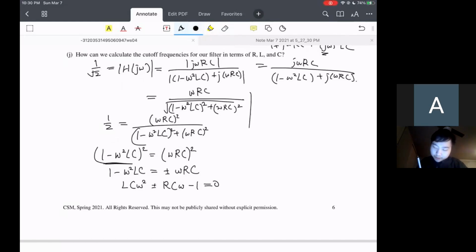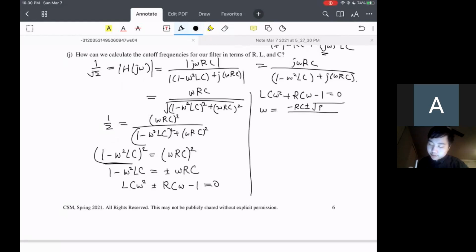So for the first equation, LC omega squared plus RC omega minus 1 equals 0, we solve it using the quadratic formula to get omega being equal to negative RC plus or minus the root of RC squared plus 4LC over 2LC.